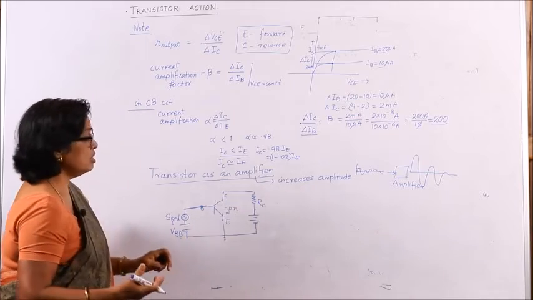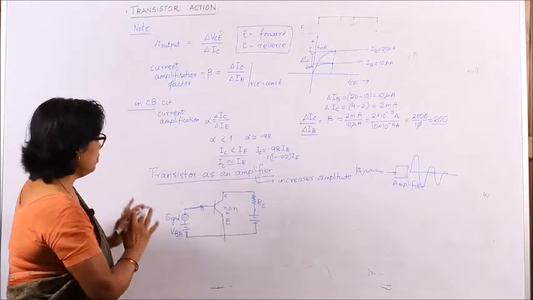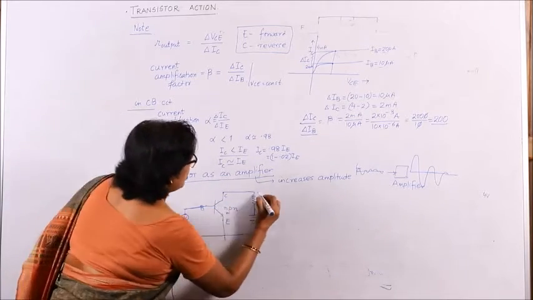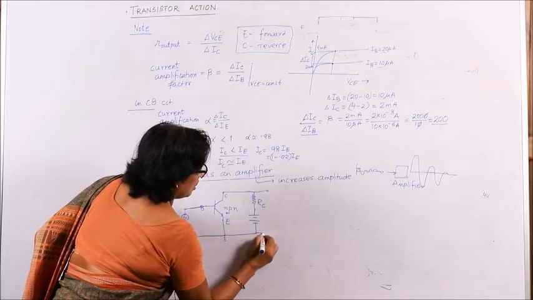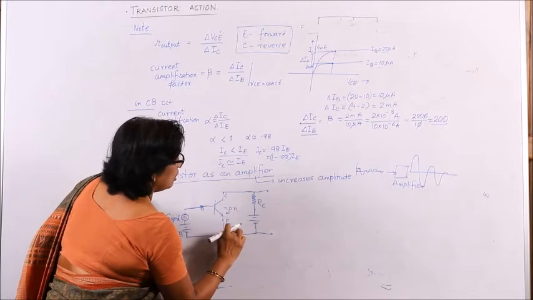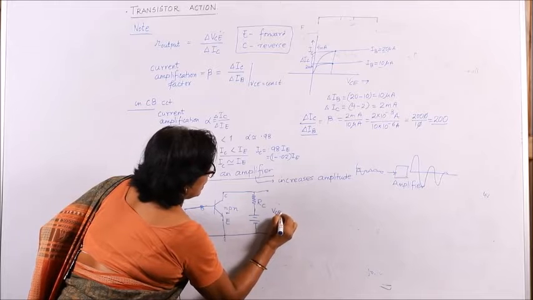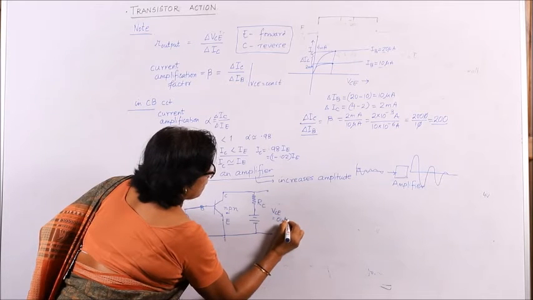So, this is a simple circuit of a transistor as an amplifier and we take the output from here, that means collector emitter across voltage, that is my output.